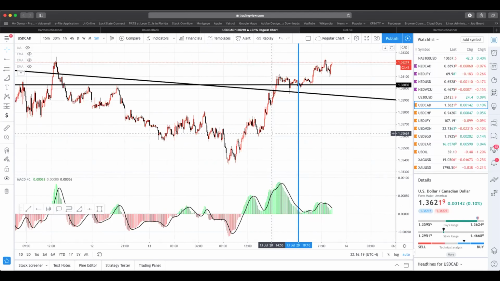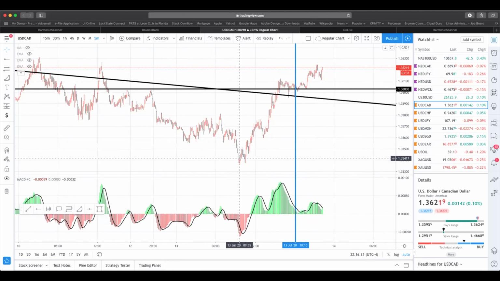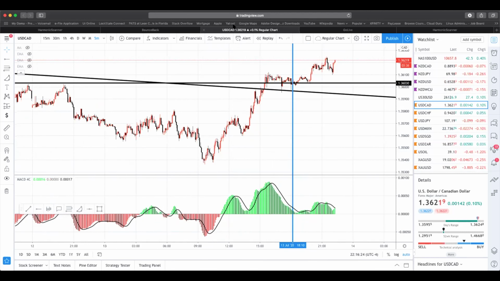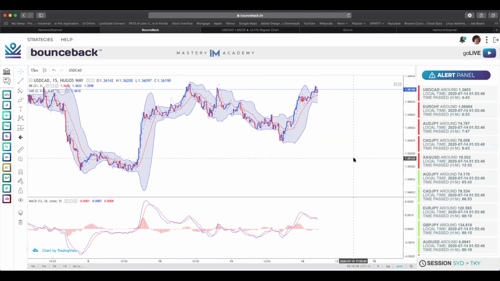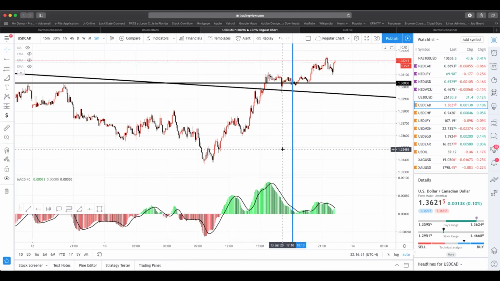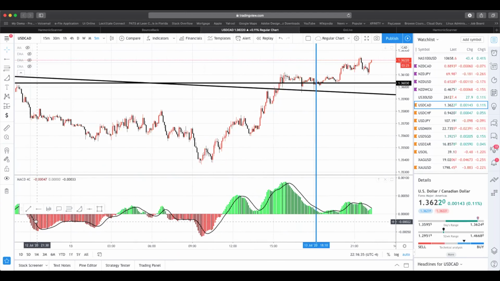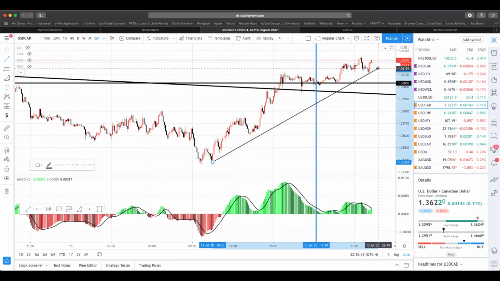So it's actually calling a sell around. Let me see if that was a sell or a buy. That was a sell. So it's actually calling a sell around here. So for bounce back, it's looking for this. And all you do is come over here, and this is the cool thing, you draw a trend line.